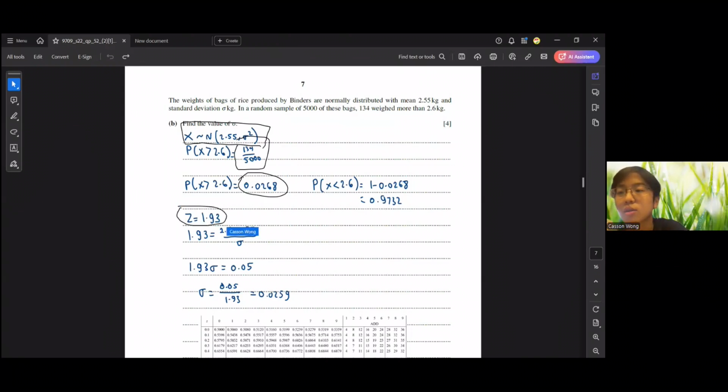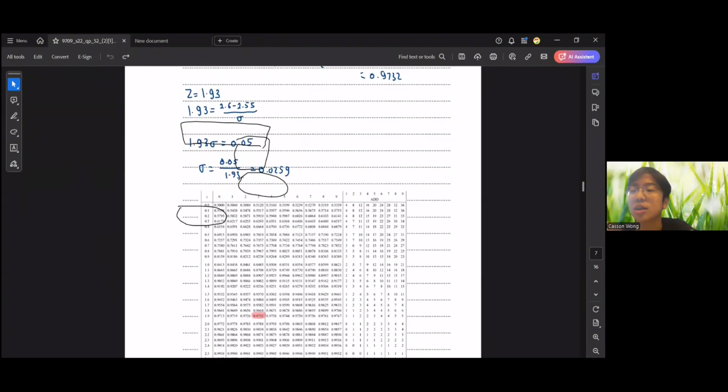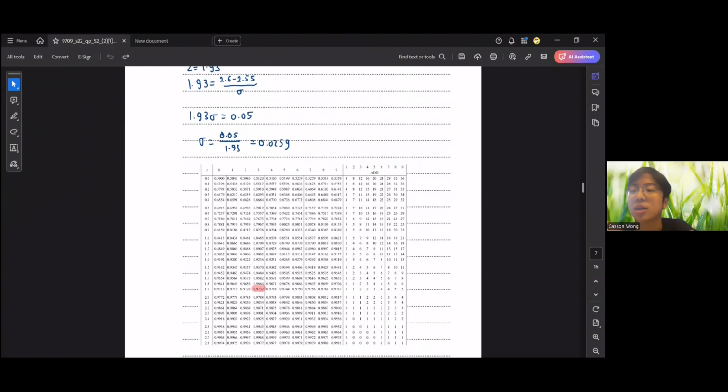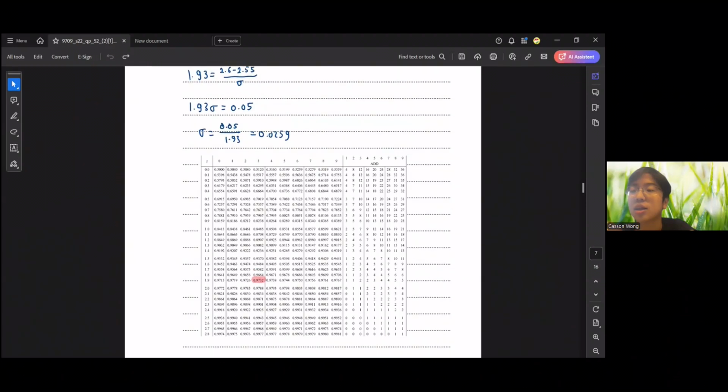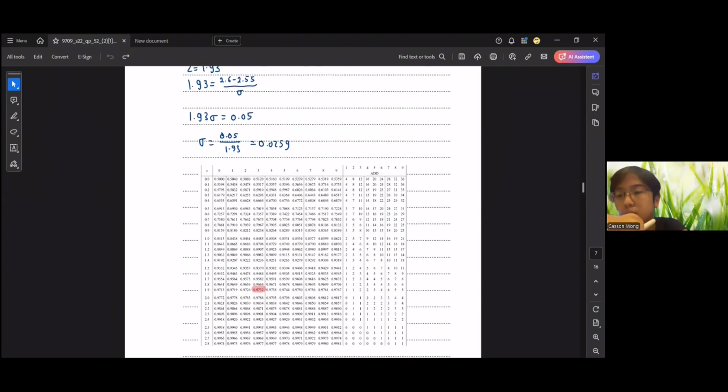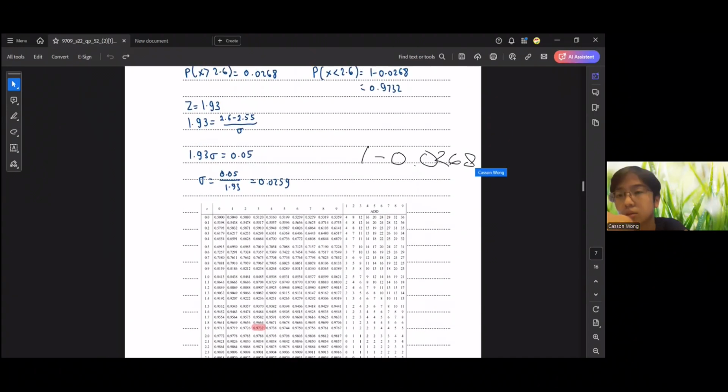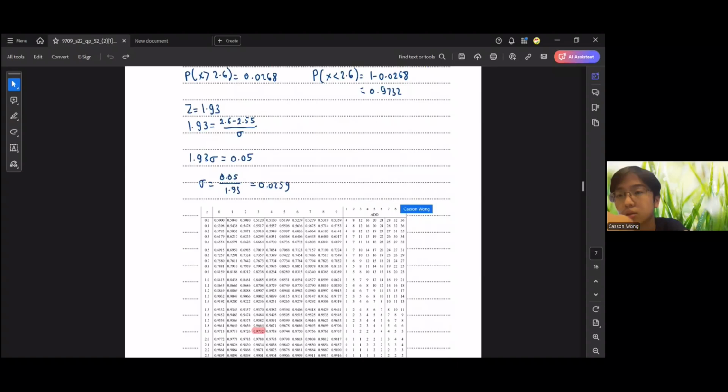To find the z, we need to find it from the table, but in the table there is no 0.0268. So we need 1 minus 0.0268, which is 0.9732.